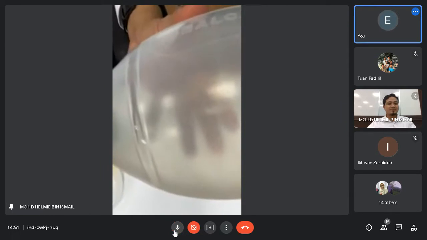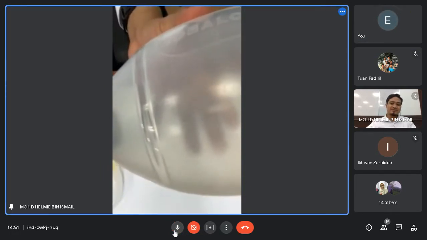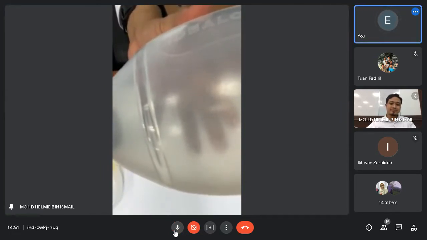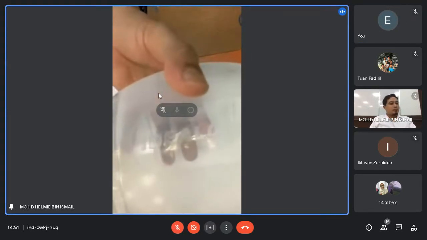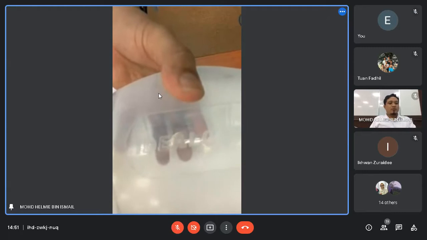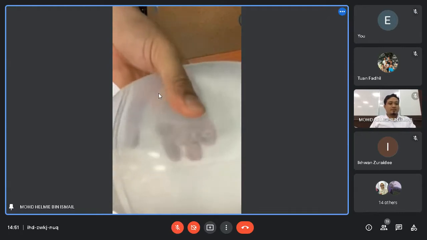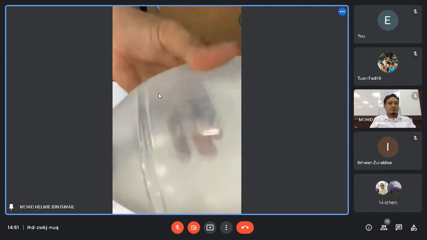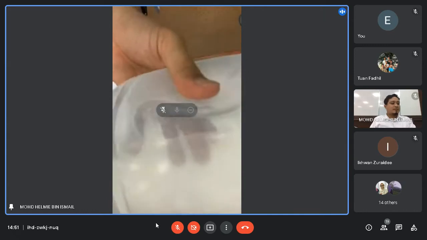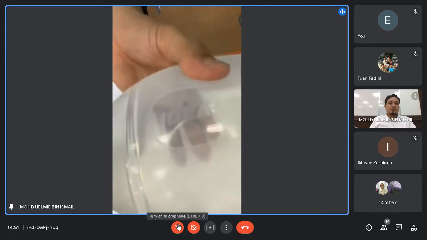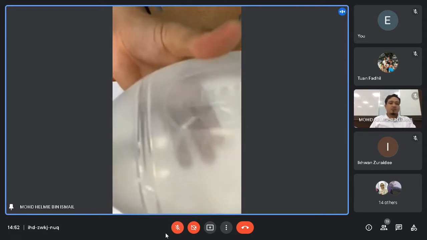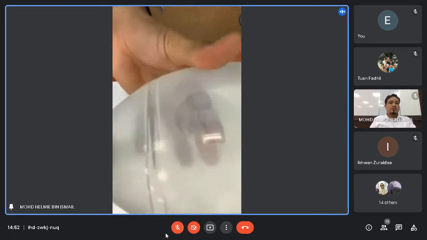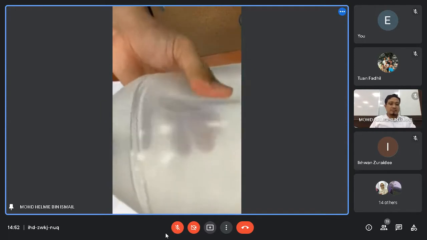The question, what happened that when we give more than 500? You know the ideal tidal volume is 500, and then you bagging half of this volume and then you tend to give 1 liter.